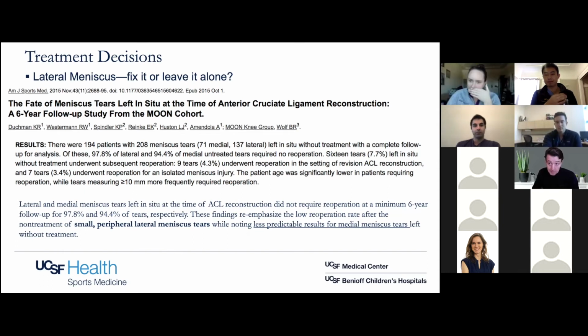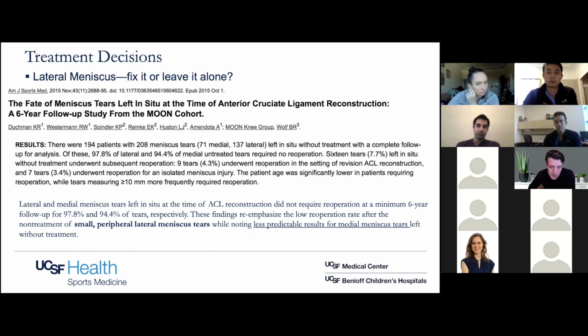Would you be more likely to say leave it in situ or repair it depending upon pattern? Like obviously, if it's a radial tear or something like that. Very much so. If it was a very small vertical tear, and I have done this rarely, I will leave it alone if it's right way back in the red zone there, if it does not feel unstable in any way.